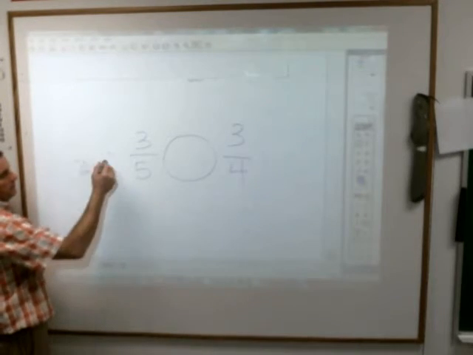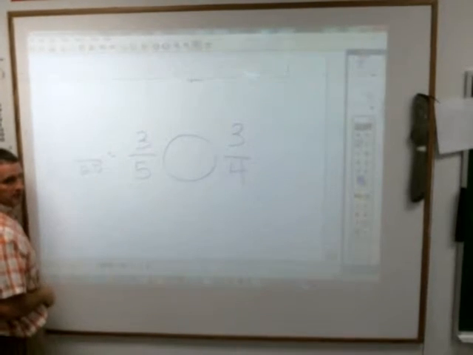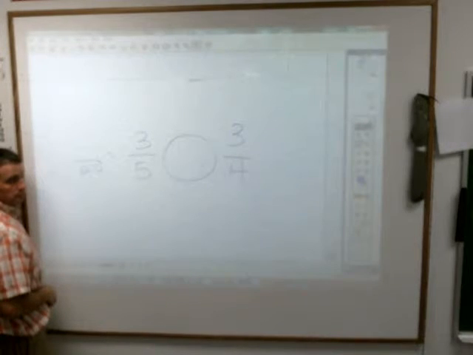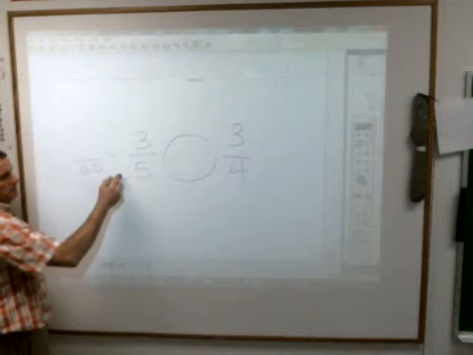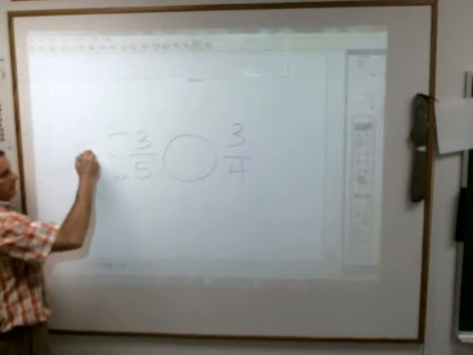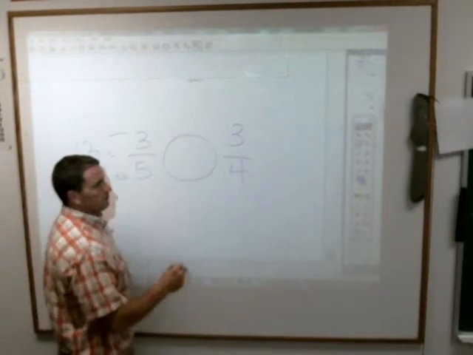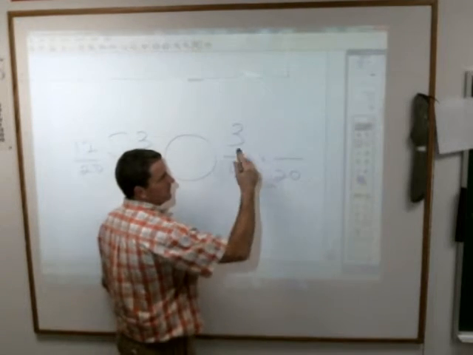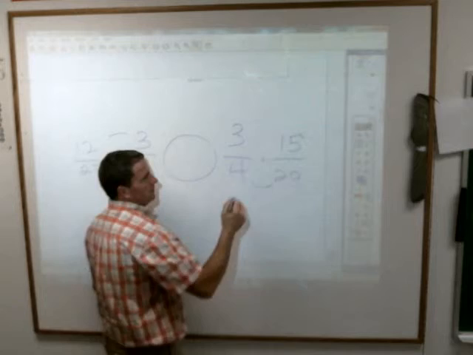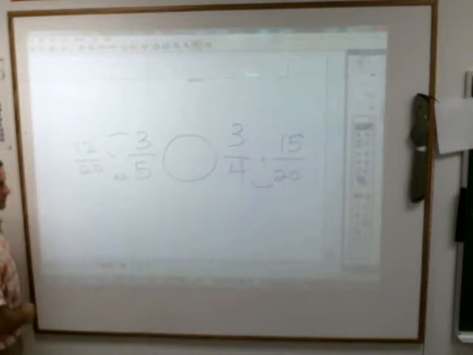So 3/5 is how many 20ths? 5 times 4, 3 times 4. Alright, 3/5 is 12 20ths, 3/4 is how many 20ths? 4 times 5, 3 times 5 is 15 20ths. Which one is bigger?